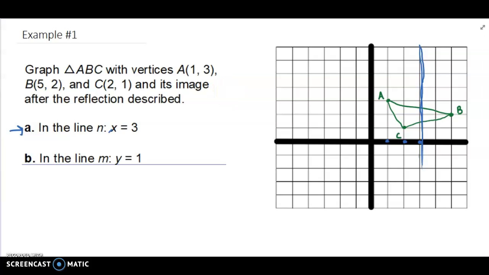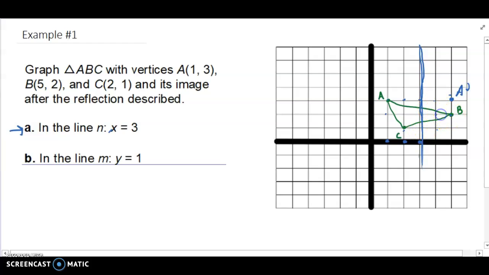All right, so when I do this, that means that A prime has to be on this side, B prime has to be on this side, C prime has to be on this side, and they're going to be perpendicular from this, okay? Well, perpendicular from straight up and down is straight side to side. So A is 1, 2 units, so A prime is going to be 1, 2 more on the opposite side, so that'd be A prime, okay?